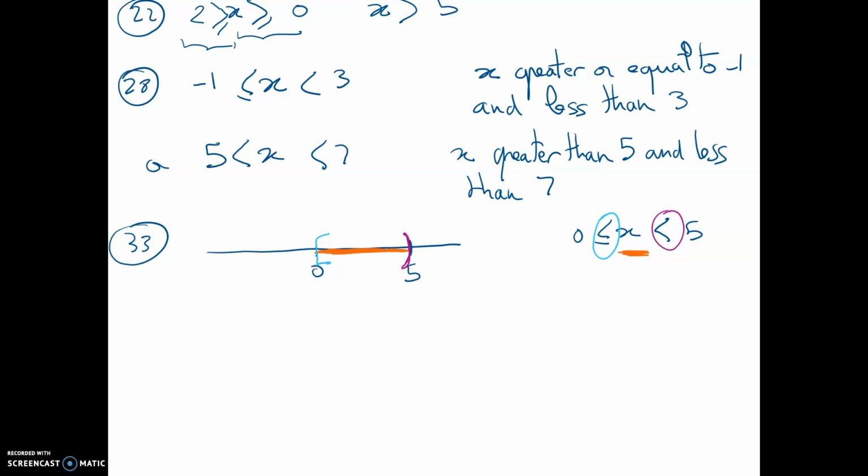Or if I decide to use my solid dot and open circle, I will have a solid dot for 0, indicating that 0 is part of the solution, a value that x can be, but it will be an open circle for the other one. So I will end up with a solid dot and an open circle. Let me do the open circle better. An open circle for 5.